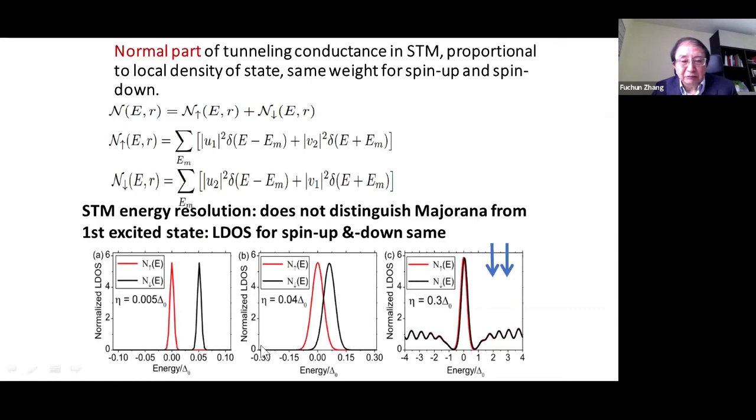But if the resolution is poor, like in our current STM, what you see is the right side. What I show is the density of state for spin up. Essentially the same, because the weights for the first excited state and the Majorana zero mode are the same.